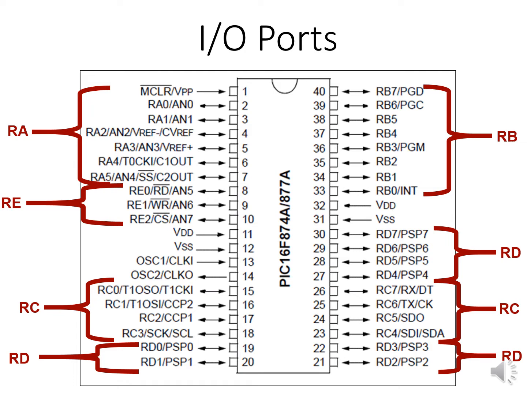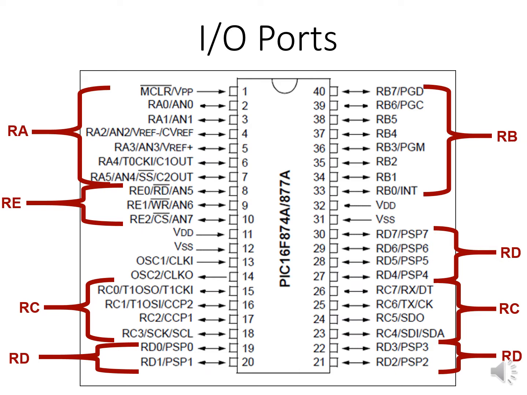For Port C, the names are RC0 up to RC7. For Port D, the names are RD0 to RD7. And for Port E, the names are RE0 to RE2.